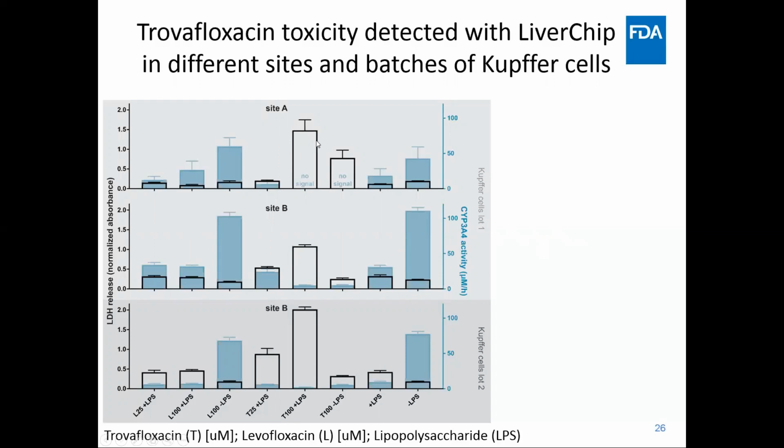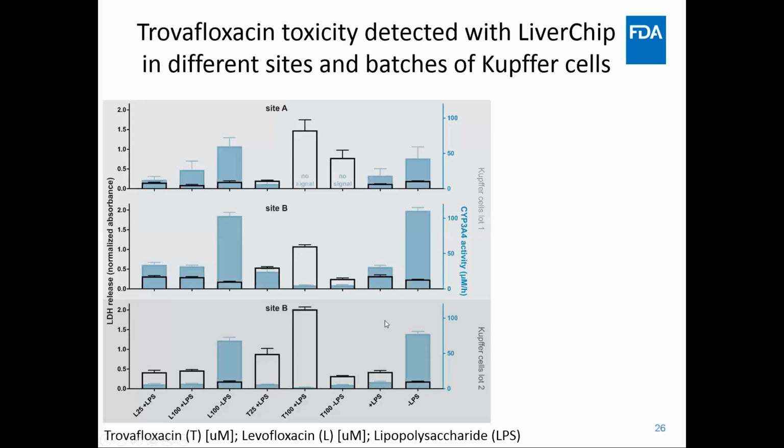On the top slide, we see experiments that were done in site A, which was the site of the developers. And on the bottom 2 graphics, we can see experiments that were done in site B, which was the FDA labs.